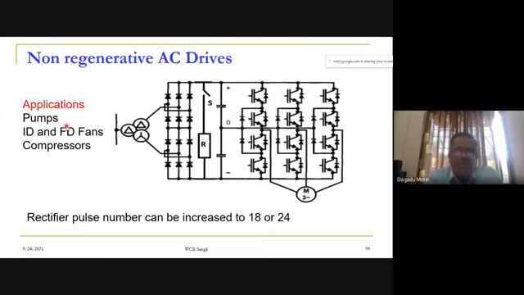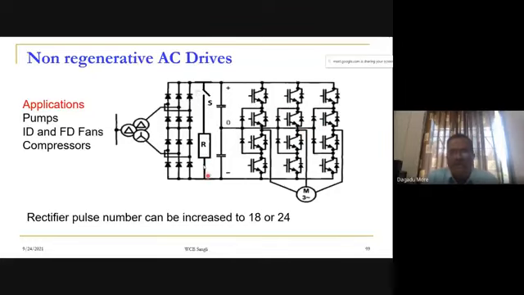So our drive will be non-regenerative, but a braking arrangement should be there. For electrical braking, we use another method that we can call dynamic braking. Suppose you want to brake this drive.